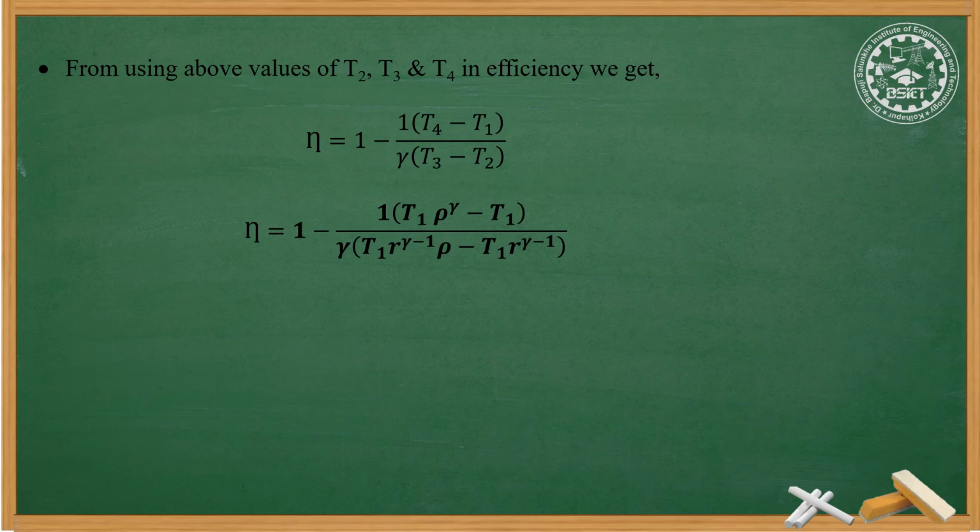These are all in terms of T1, and hence it is easy to remove the like terms. Substituting and removing the like terms, we get the efficiency of the diesel cycle as 1 minus 1 upon r raised to gamma minus 1 into the bracket (rho raised to gamma minus 1) upon gamma into (rho minus 1).